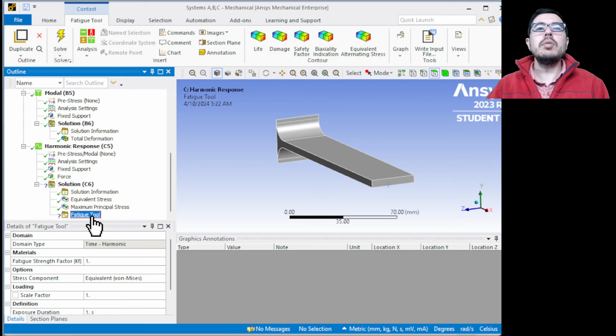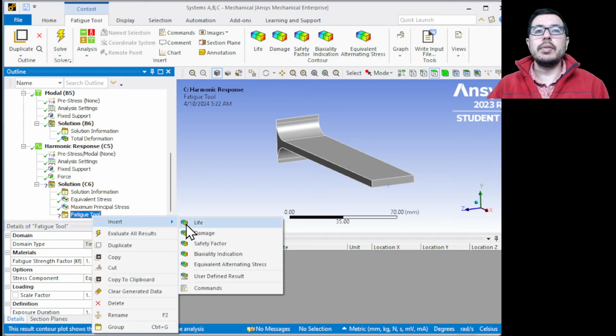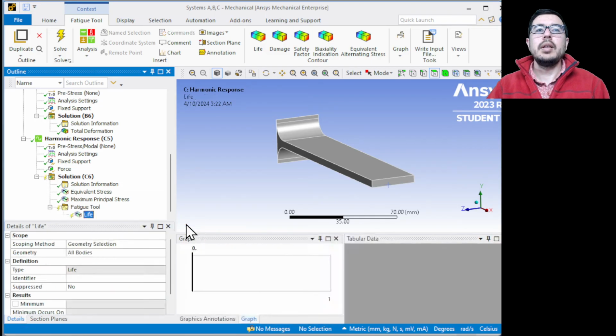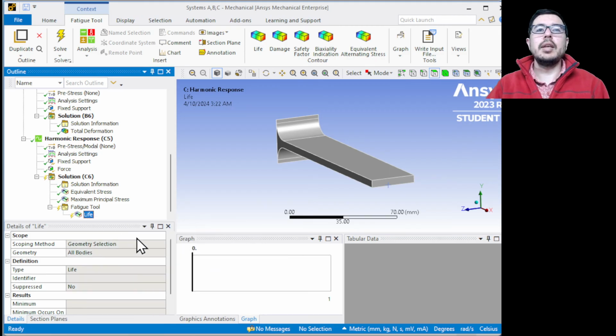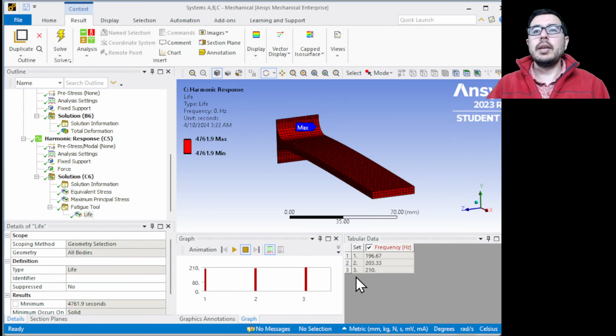Now the fatigue tool also does something kind of interesting. By default, it will only show the value at the last frequency that you have here. So this is going to be showing the value at 210.